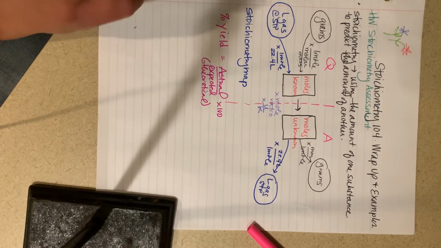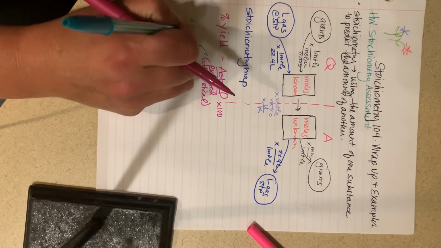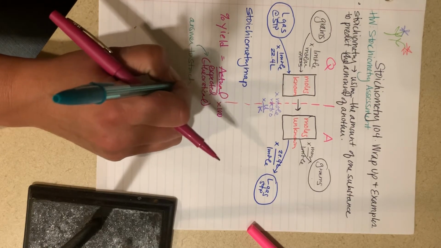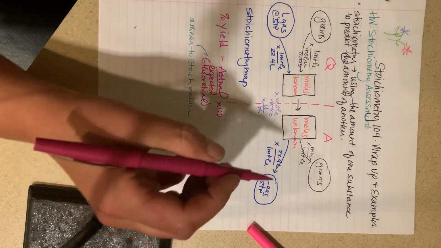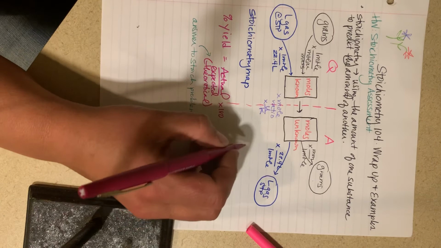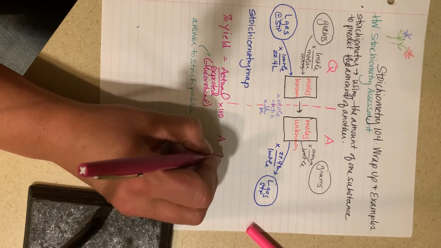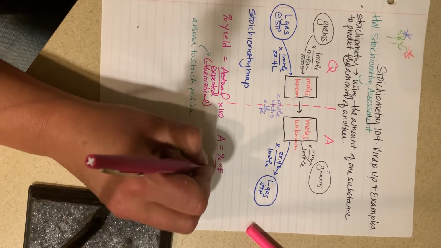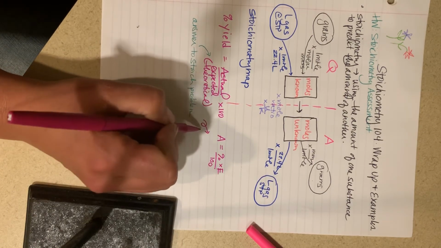And we know that the theoretical is the answer to a stoichiometry problem. Okay, and you can rearrange this to get the actual, and that's going to be equal to the percent times the expected divided by 100. So that's just a little bit of baby algebra here.